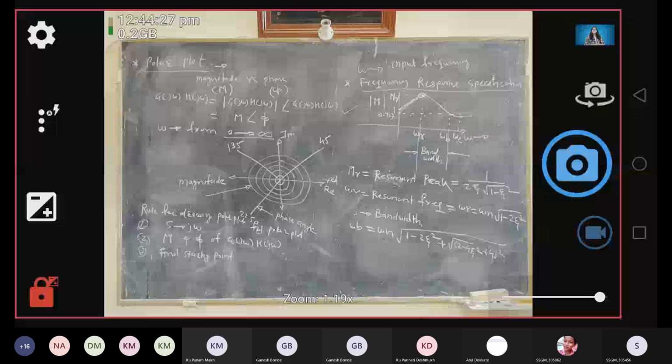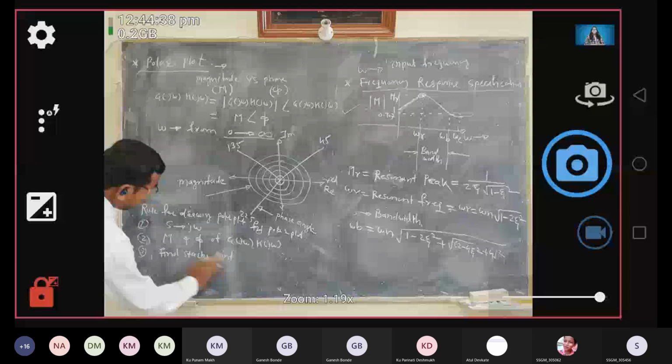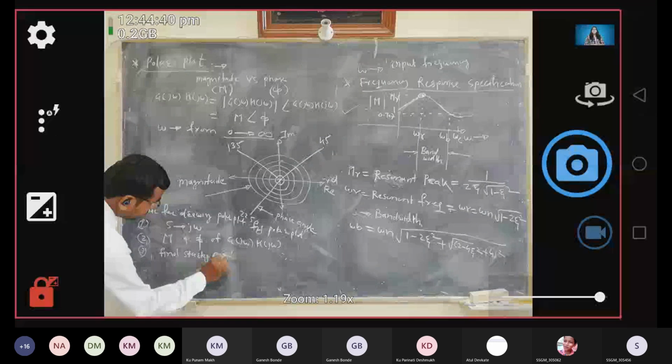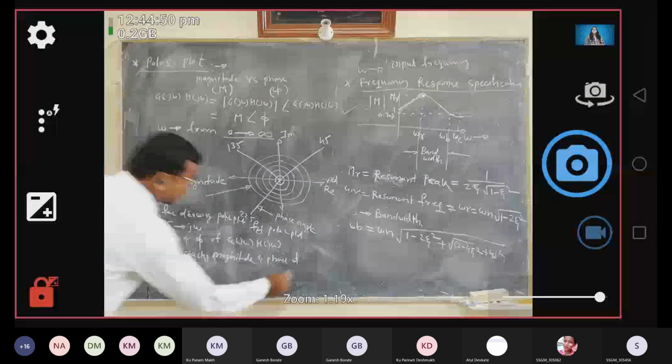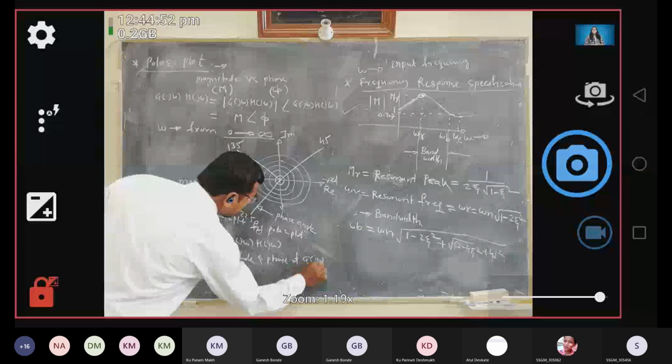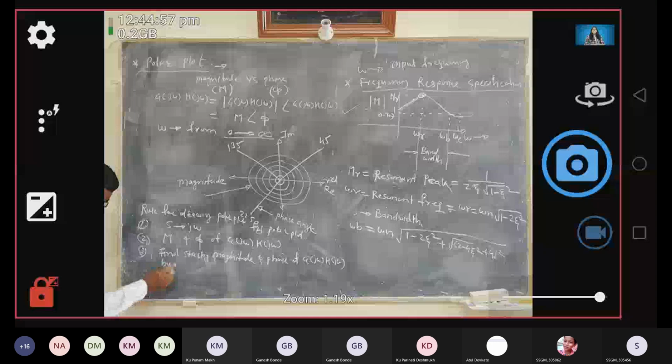You have to find the starting magnitude and phase of G of j omega into H of j omega by substituting simply omega is equal to 0.